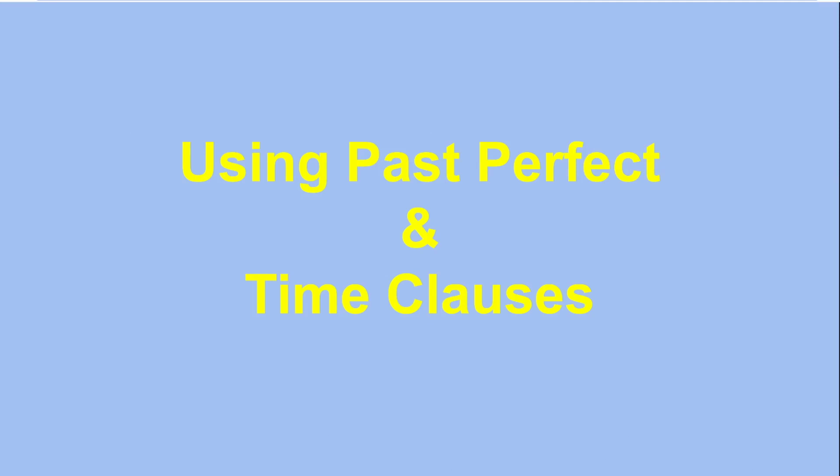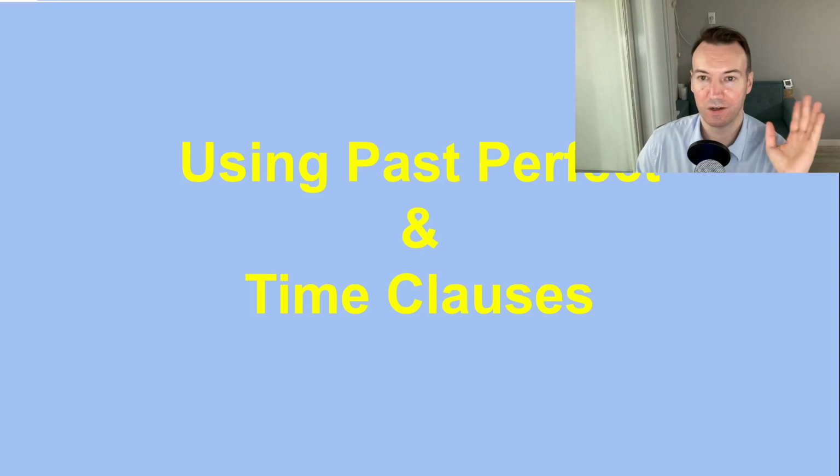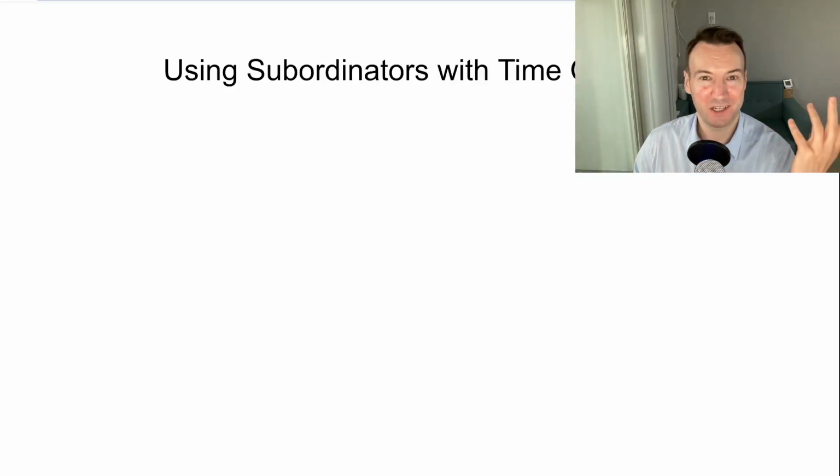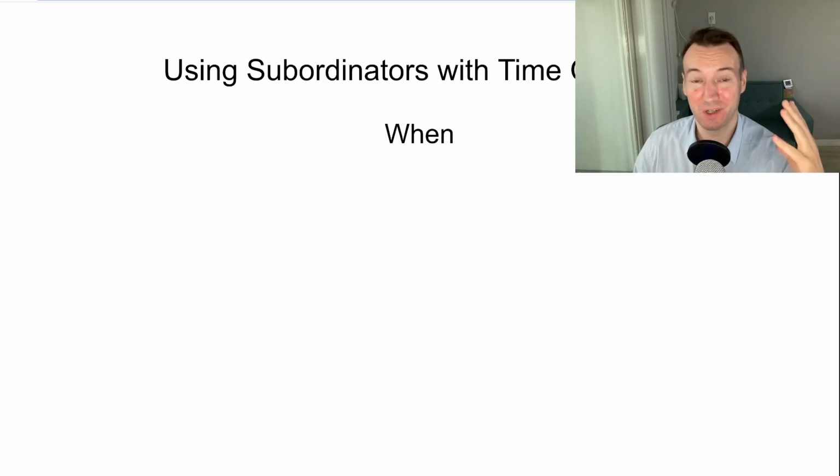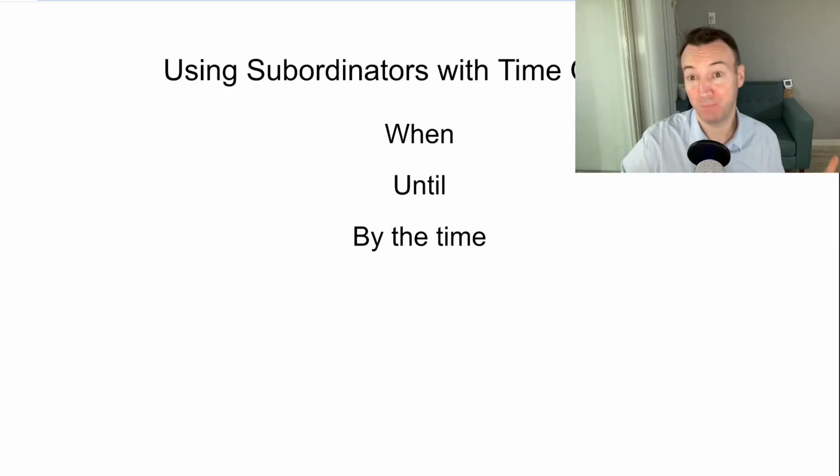So first, let's think about our time expressions. These can be referred to as subordinators. So time clauses with subordinators. That sounds like a very fancy term. However, really it just means words like when, until, by the time, after.